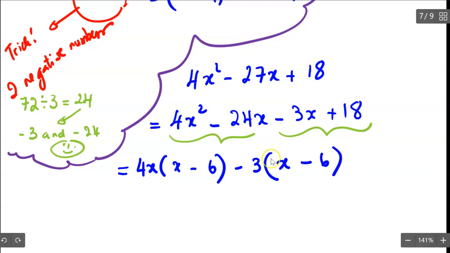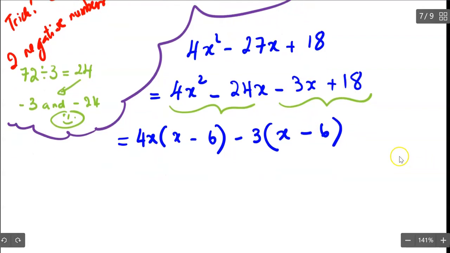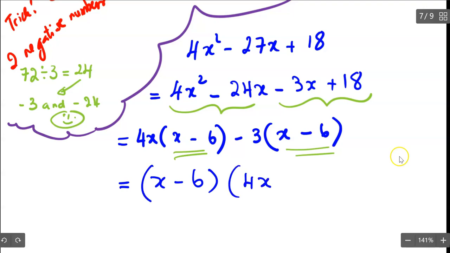Don't forget that you have to pull out the negative 3 so that when you multiply it back in, negative 3 times x gives you negative 3x, and negative 3 times negative 6 gives you positive 18. Now you recognize that x minus 6 is your common factor, and inside the brackets you have 4x minus 3. So this is our final factors.